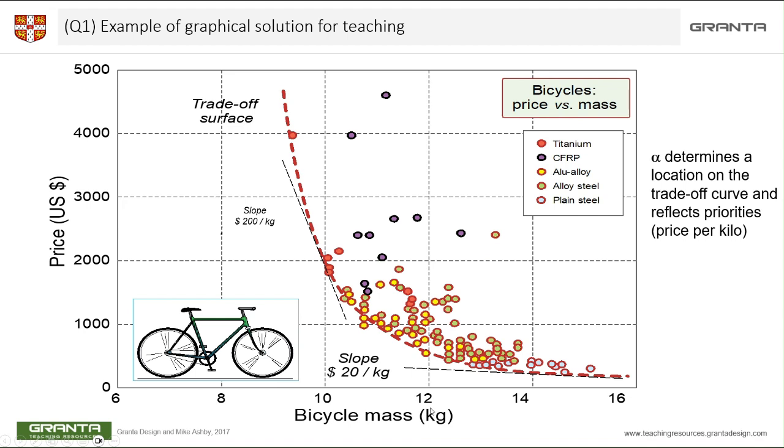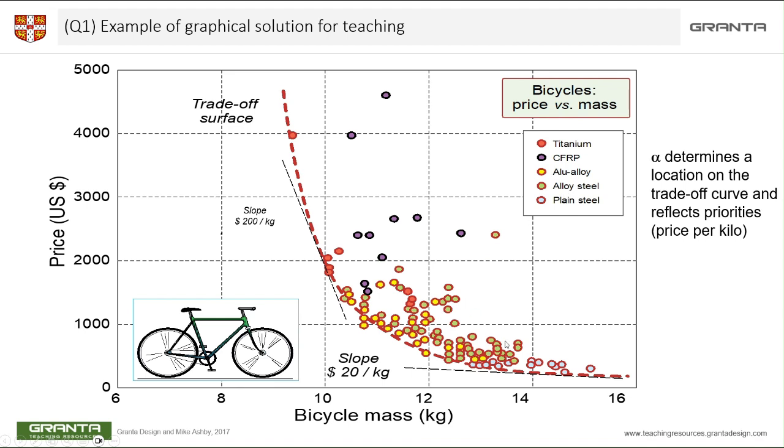Okay, so instead of having the exchange constant minus 1 over alpha, it is, in other words, basically alpha now, if you compare it with the previous equation, right? So in this case, you have got the CFRPs over here, which are the purple and the black, and then the aluminum alloys, which are over here somewhere, and then steel alloys are spread along this, and then you've got plain steel.